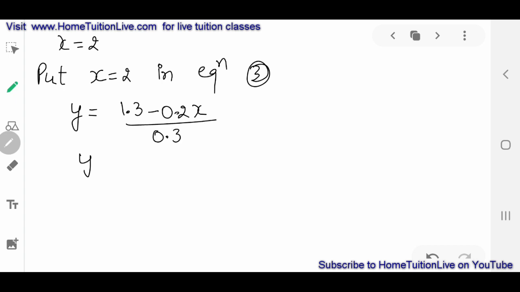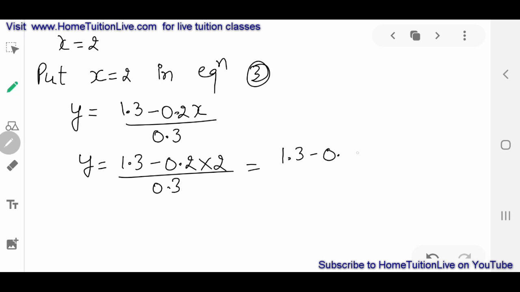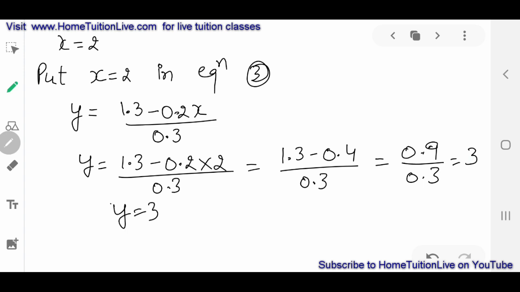Now I am putting the value here, 1.3 minus 0.2 into 2 divided by 0.3, that is 1.3 minus 0.4 divided by 0.3. When we subtract this, we will get 0.9. Now this is 0.3, and when we divide this number, we will get y is equal to 3.